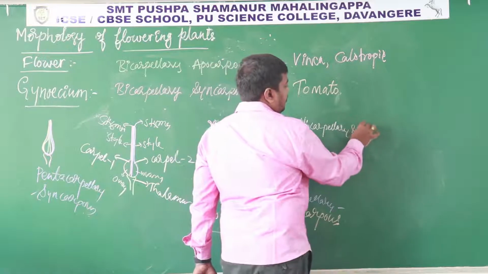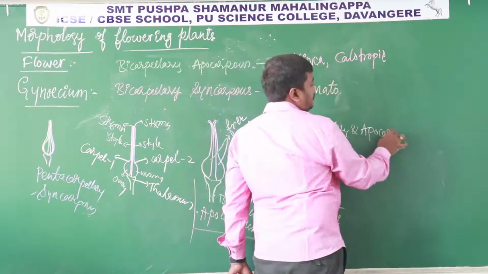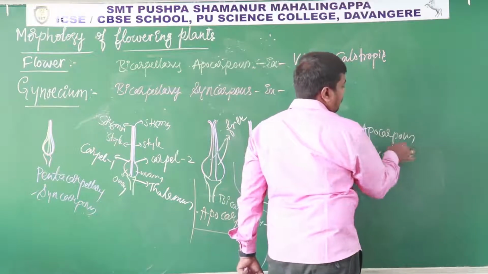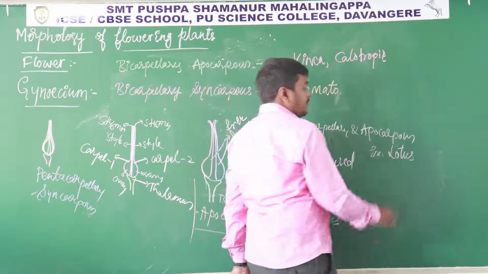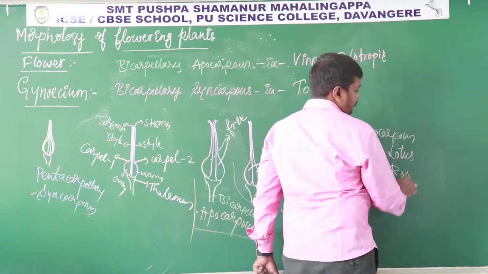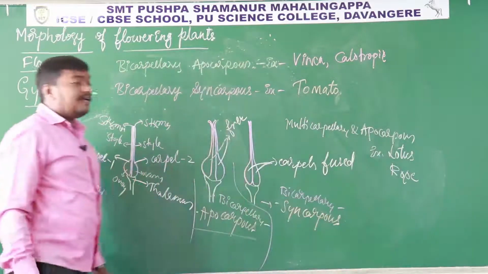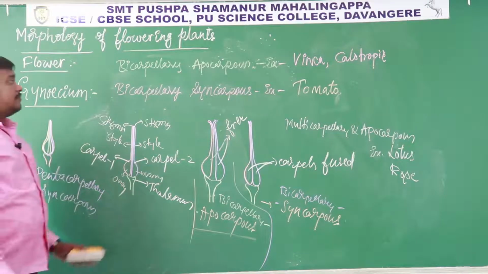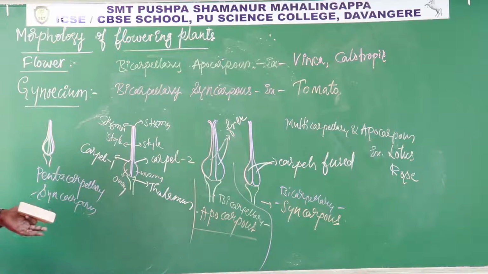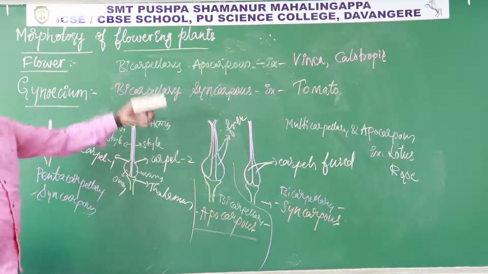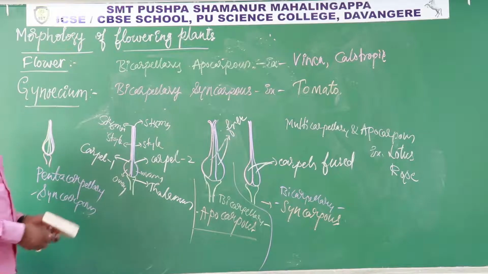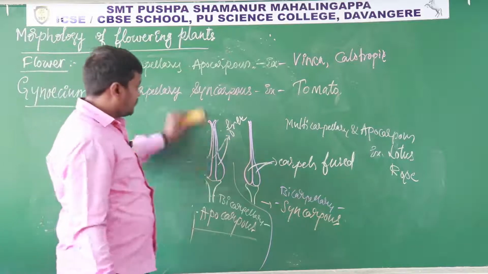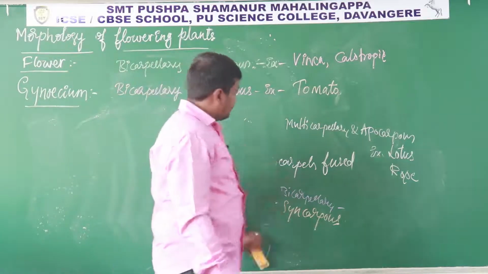Multicarpellary and apocarpus, we can give the example of lotus. Okay, so lotus is like that, and even in rose we can see this condition, multicarpellary and apocarpus. Okay. So when the ovary is cut and two chambers are seen, like in tomato, it is bicarpellary syncarpus. Okay, so this is about the number of carpels and, if the carpels are fused, the different types of conditions.